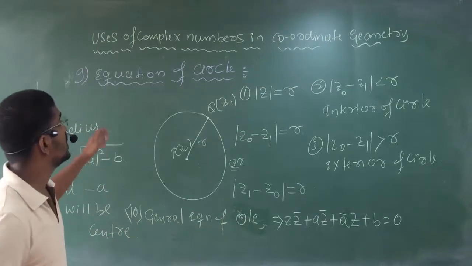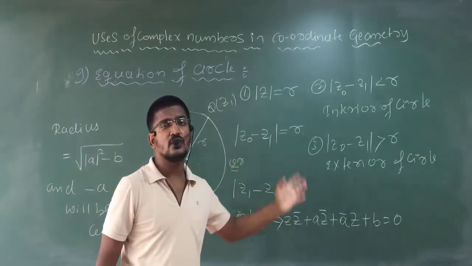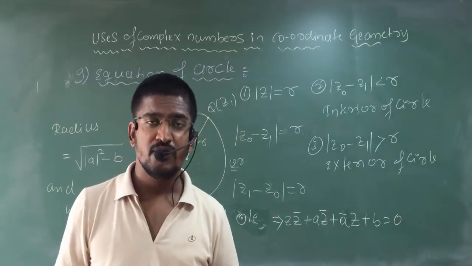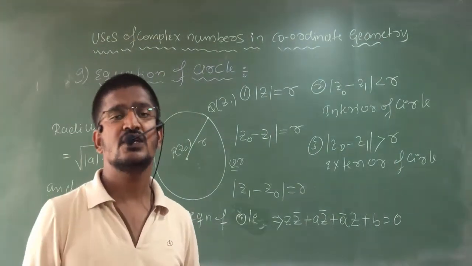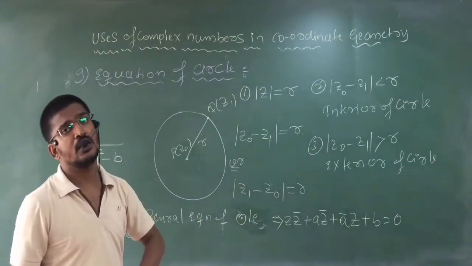So make sure that the equation of circle is mod of Z minus Z0 equal to R, if R is radius, Z0 is the center, and Z1 is the point on the circle given.